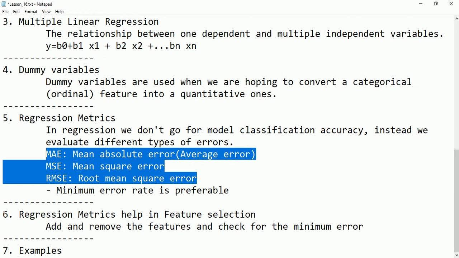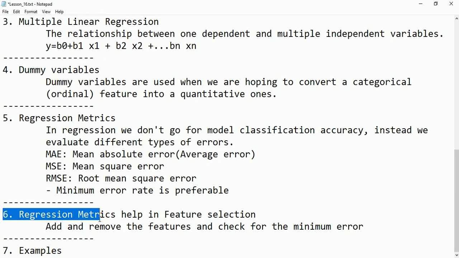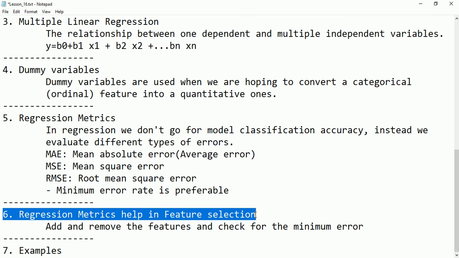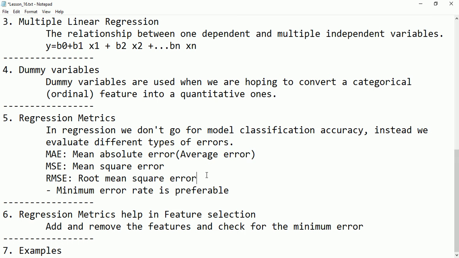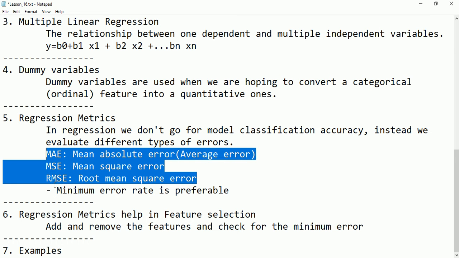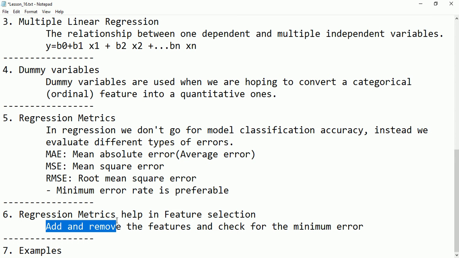And one more thing you have to remember, friends: regression metrics help us in feature selection. How do they help us? Through these errors we are calculating, we can select features by adding and removing them, as I described earlier.